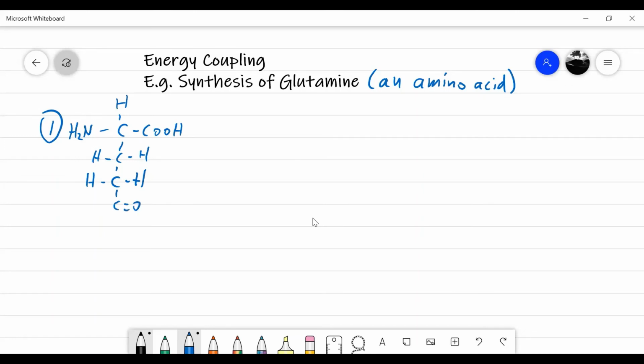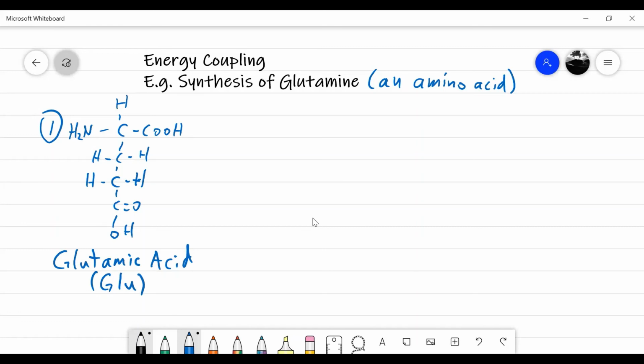So that is glutamic acid right there. Okay, hopefully that's neat enough for you. So glutamic acid has an abbreviation, by the way. All these amino acids do, and it's GLU.